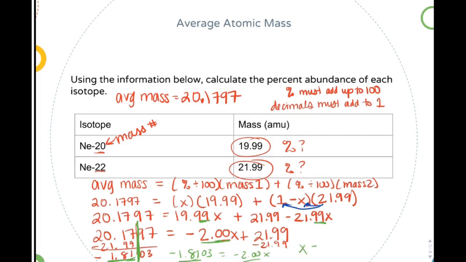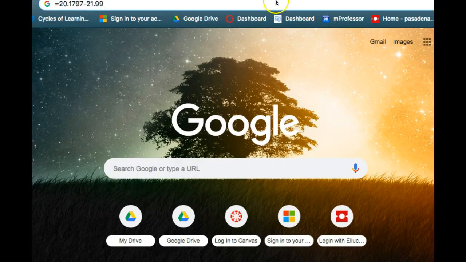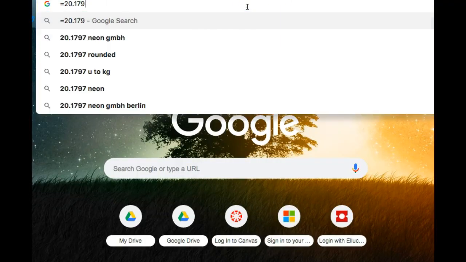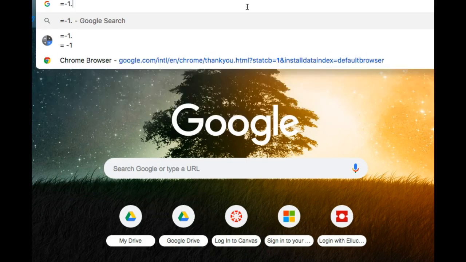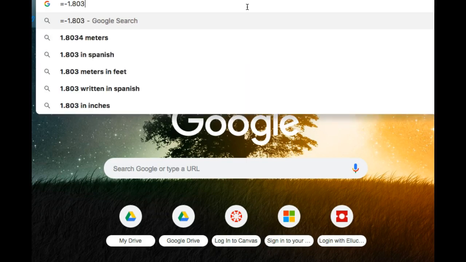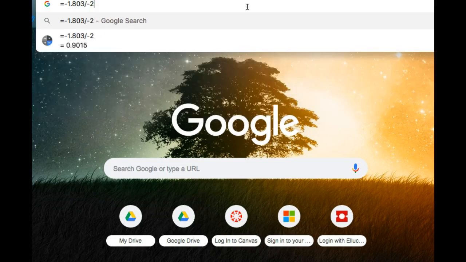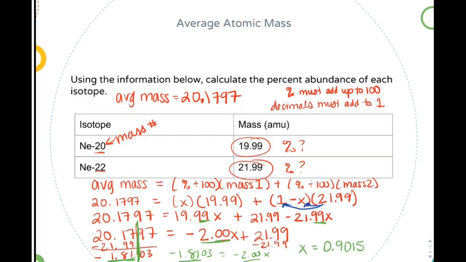So therefore x is equal to negative 1.803 divided by negative 2. And so my x is 0.9015. So I'm not done yet because that's my x.